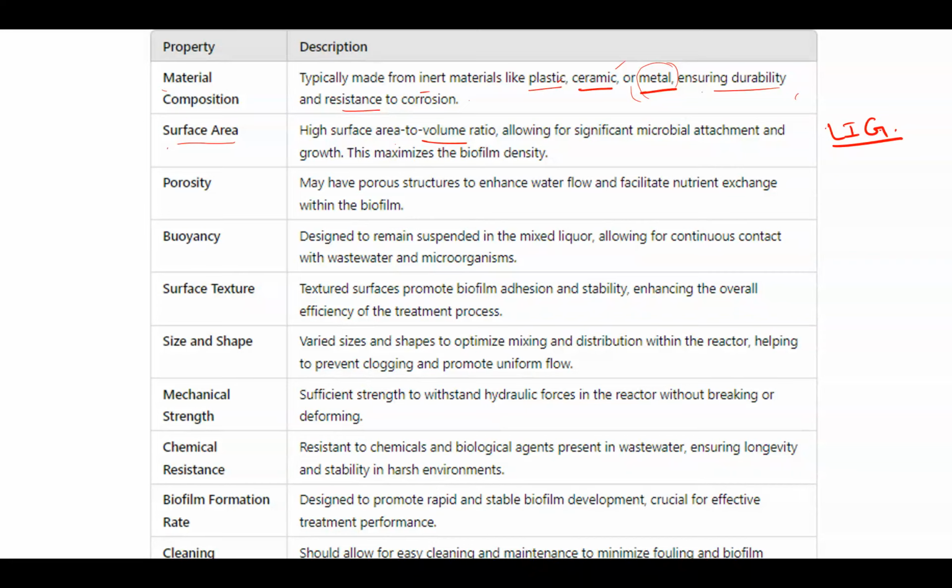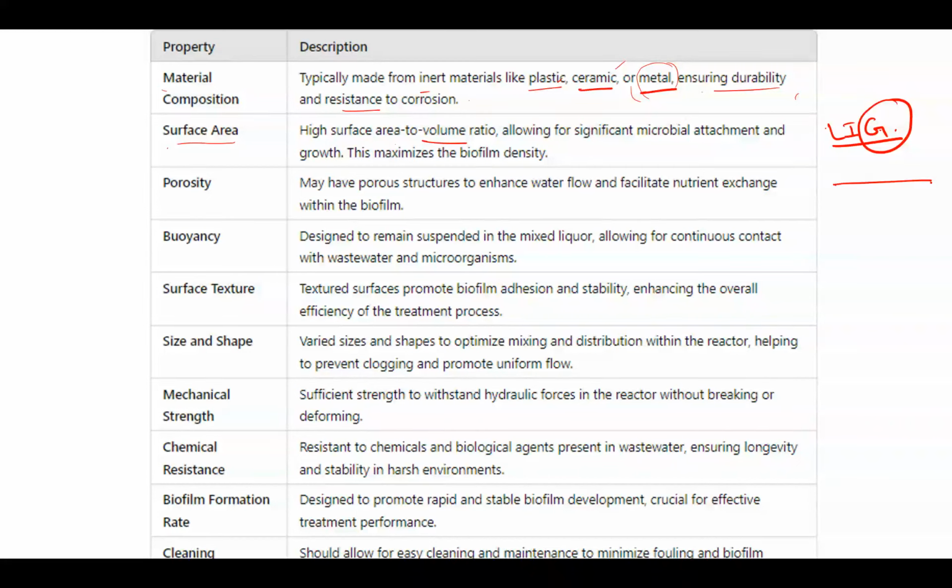In our lab, we are more interested in LIG. Graphene is synthesized by different kinds of chemical processes to produce highly pure graphene. But here we are producing laser induced graphene on a carbon substrate, any carbon substrate.